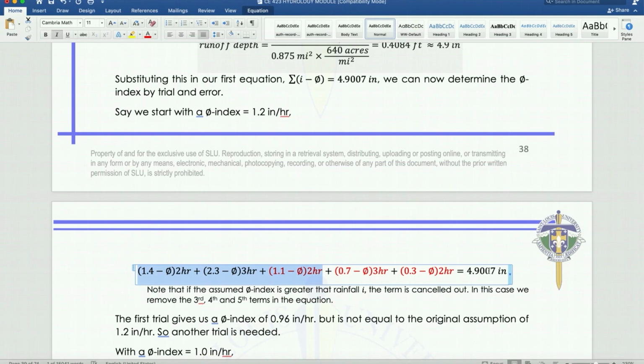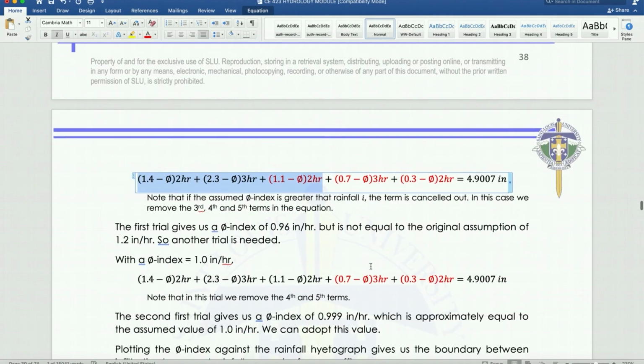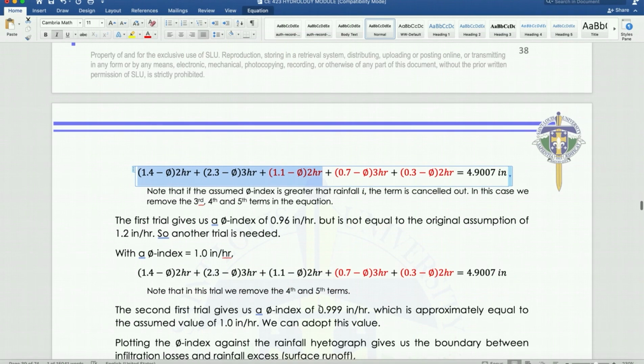And what comes out, let's add the third equation, which is 1.1 minus alpha x is equivalent to, 0.999 ang lumabas. And 0.999 is almost equivalent to 1.0.